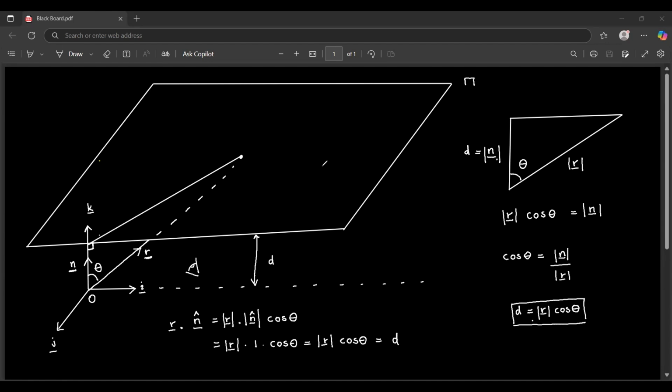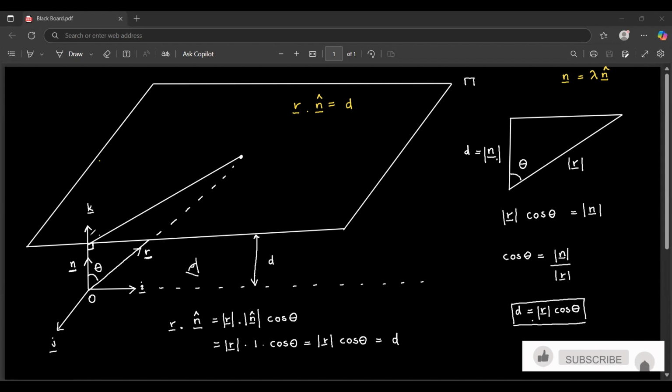So this is the first equation that we come up with, which is r dot the unit vector of the normal vector is equal to the perpendicular distance between the origin and the given plane. And we know n is equal to lambda into the unit vector of n, because n is the perpendicular vector, the normal vector.